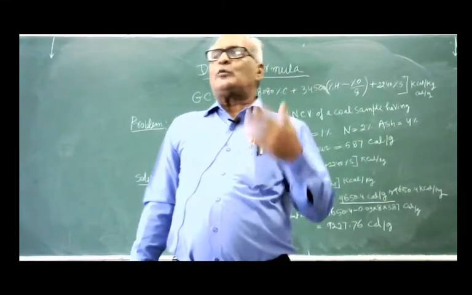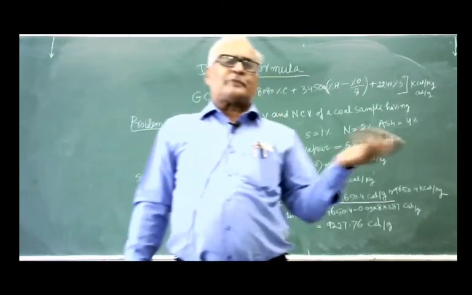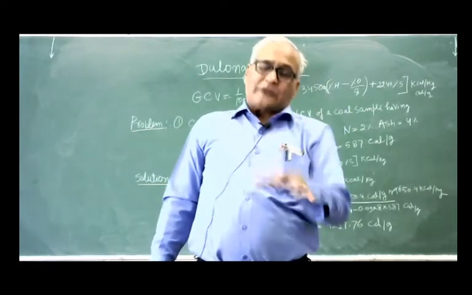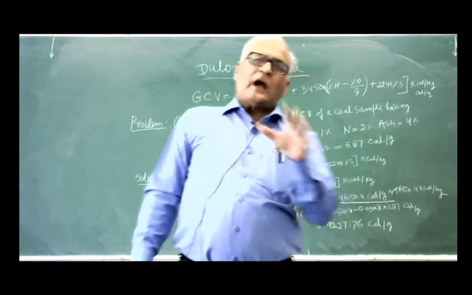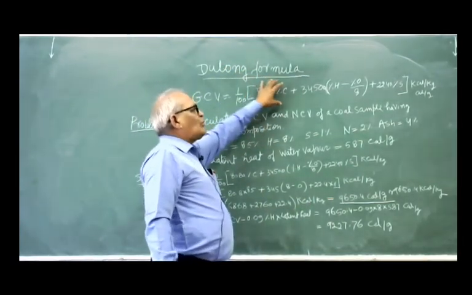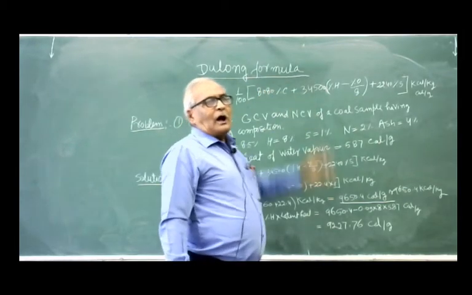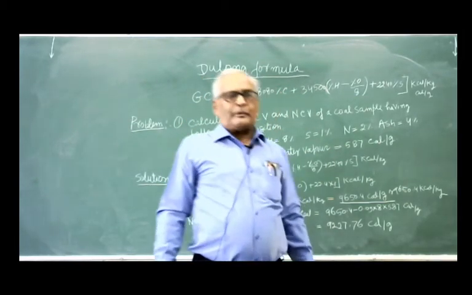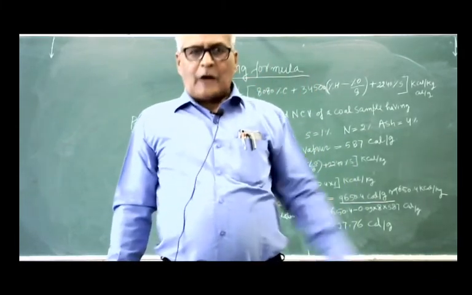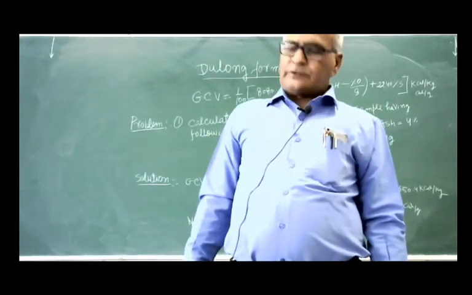In few of the numericals, no percentage of oxygen is given, no percentage of sulfur is given, or nitrogen is given. So that depends. But we have to apply this Dulong formula. This is the only formula which is applicable for calculating the gross calorific value of a coal sample having different percentage of the composition.